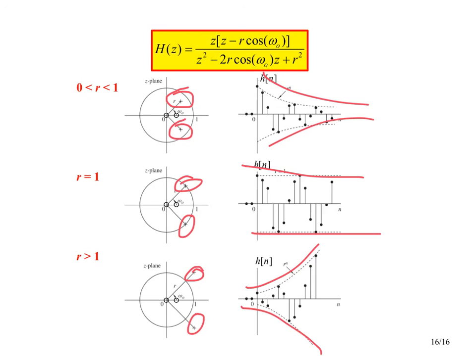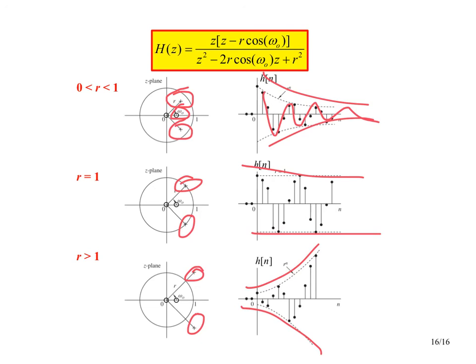And then the last thing that I want to point out here is the angle. The angle is how rapidly this thing oscillates. So let's just focus on the case where the pole is inside the unit circle. The radius is going to control how fast it decays. Closer to the unit circle, the slower it decays. Closer to the origin, the faster it decays.